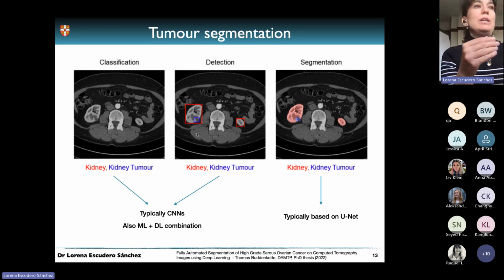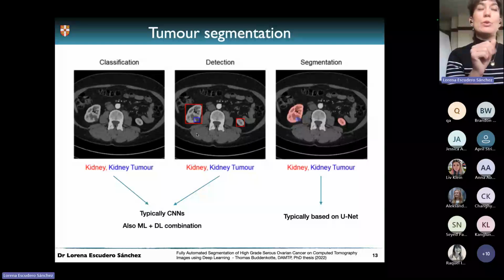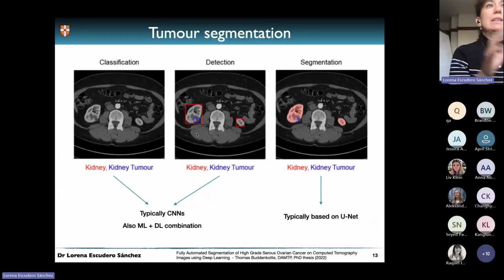The next step would be what we call detection, which would be giving those labels, but also giving a spatial location, like a bounding box or a central point, something that gives us not just the label, but where around in the image those labels are. Those two are typically problems that you can solve with CNNs and also machine learning and deep learning combinations.